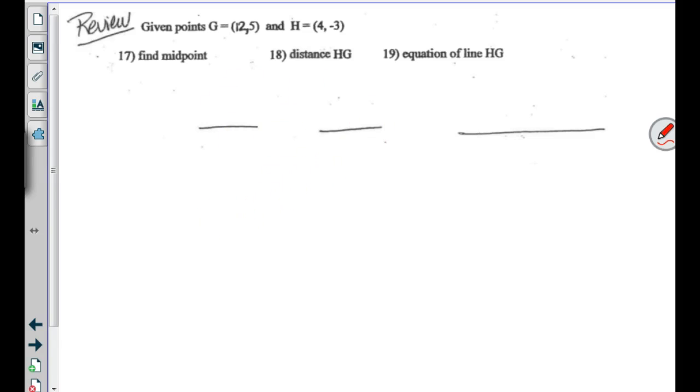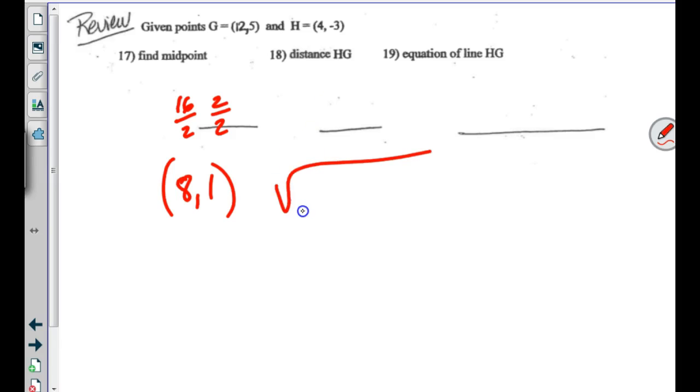But tell me real fast, how do you do midpoint? Average the x's, average the y's, right? You add and divide. How do you do distance? Oh yeah, it's the square root. Yes, you subtract.